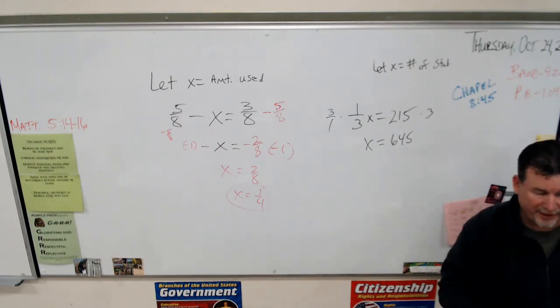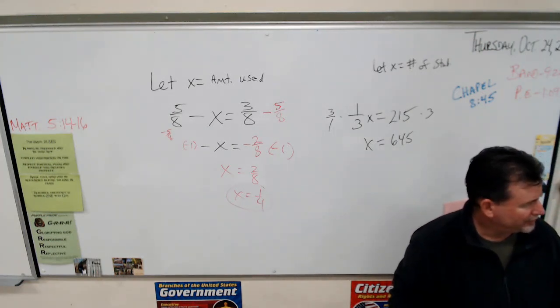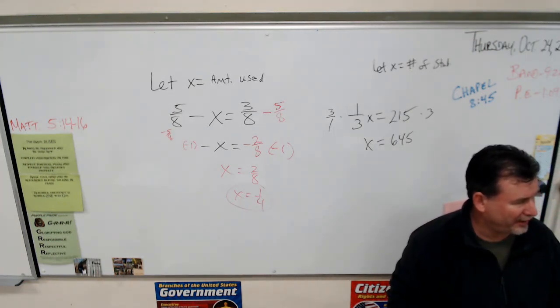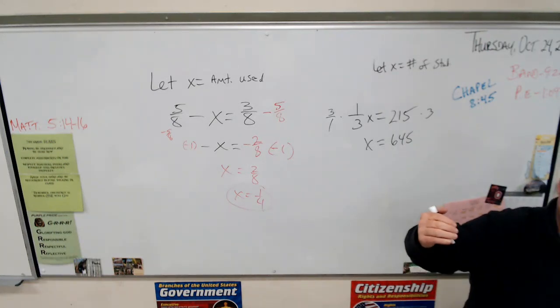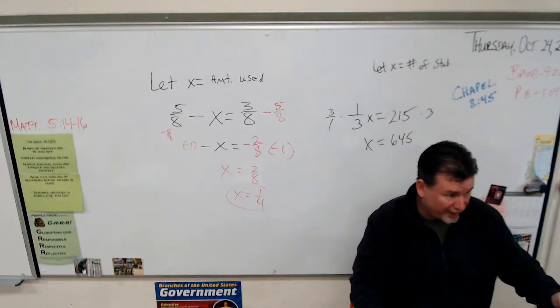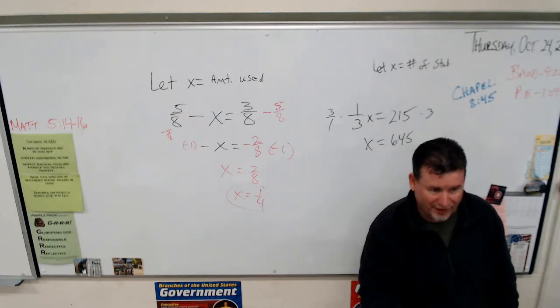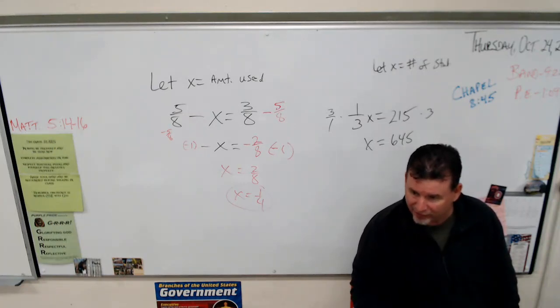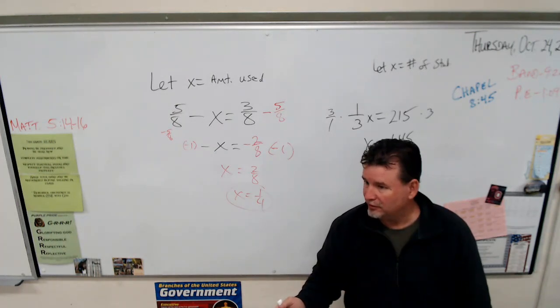So far what I'm reading is, from your eyes and minds, that you're pretty comfortable with solving it if the equation's there, not quite comfortable yet with translating, right? If that's the case, you're going to do well on the test.